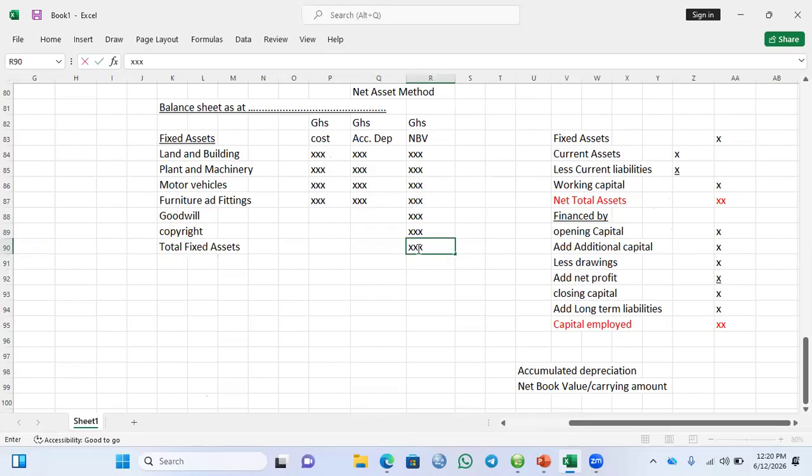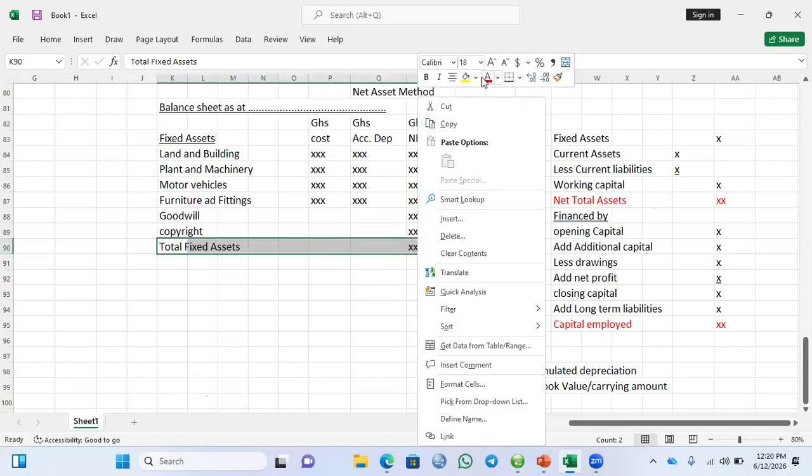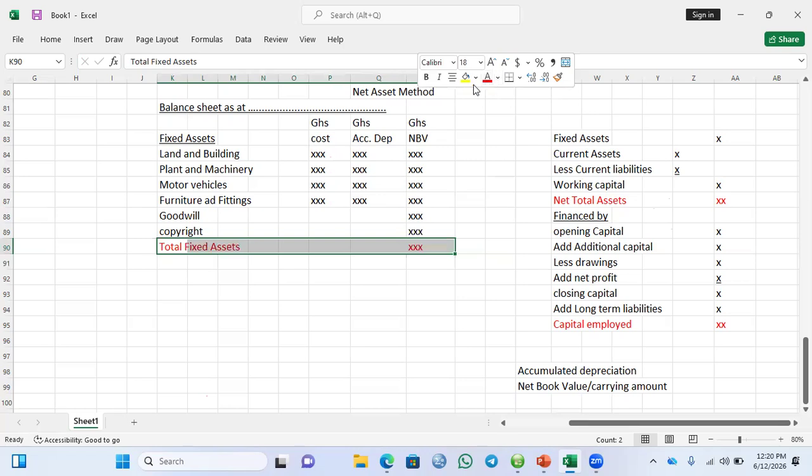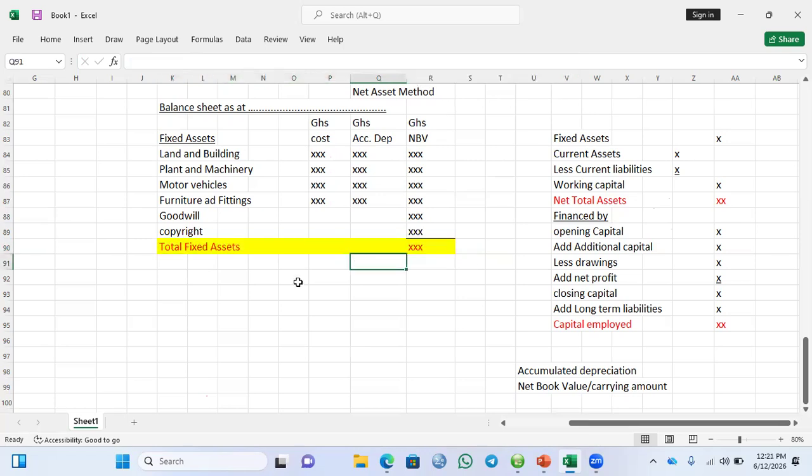Let me put that in red ink. So after getting your total fixed assets, you now show the current assets. We are following the skeleton again. So the current assets, you put them in the middle column, right?